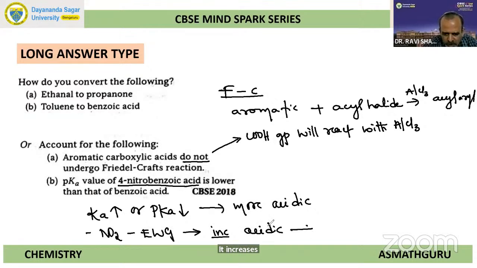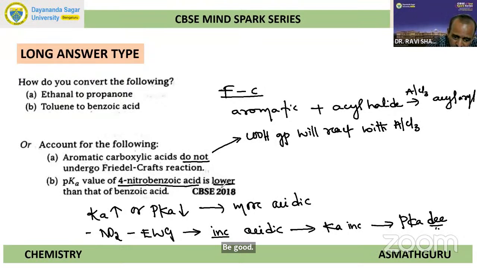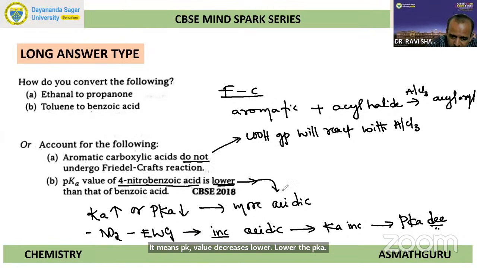When acidic nature increases, Ka increases or pKa decreases. Lower the pKa, the more acidic it is. So the nitro group is a withdrawing group, it increases acidity.